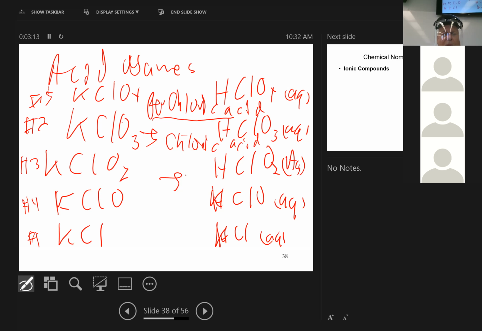Now, the next one is called chlorous acid. What does ic to ous mean? Well, ic is the higher one, ous is the lower one. I'll make another slide in a minute just so you can see the transition. So you've got chlorous acid, and then this one is hypochlorous acid.